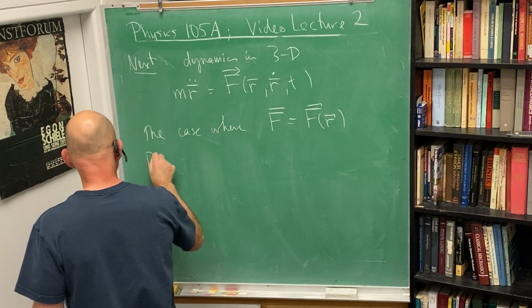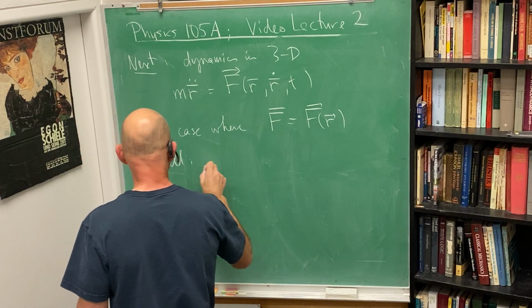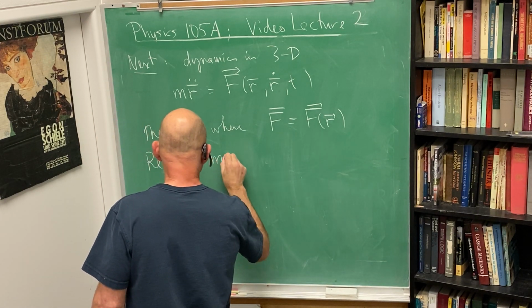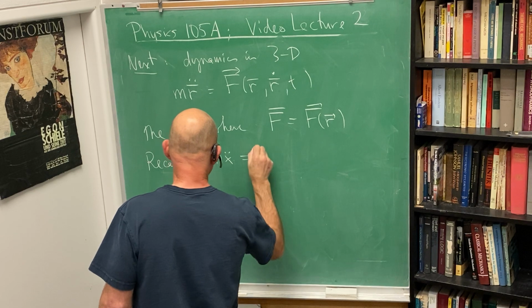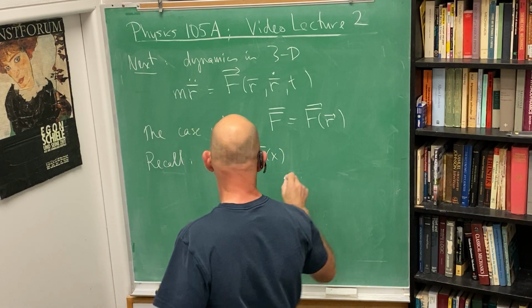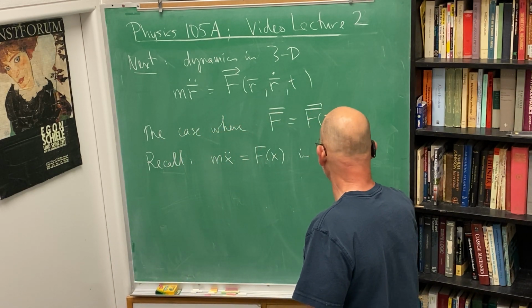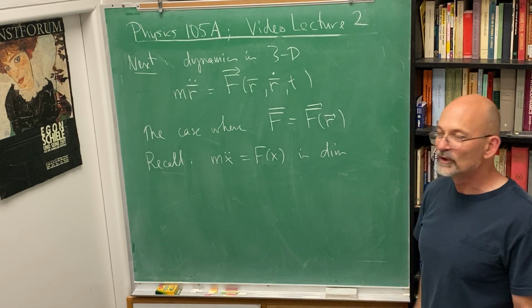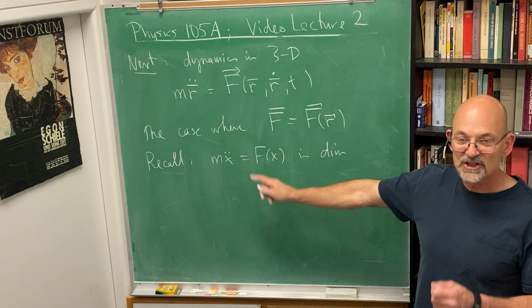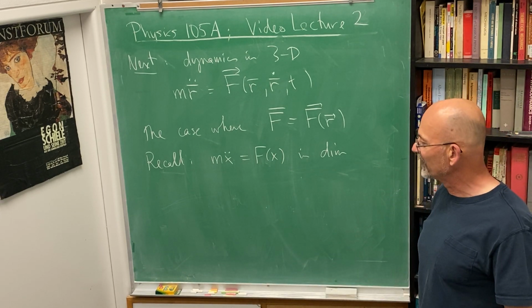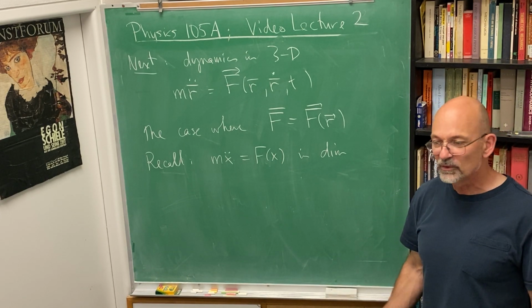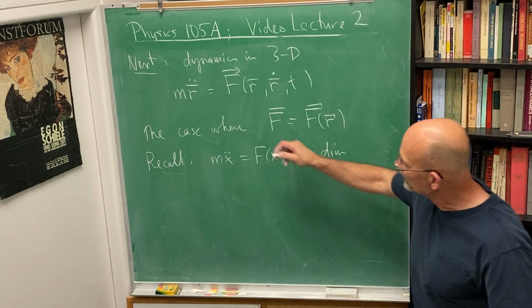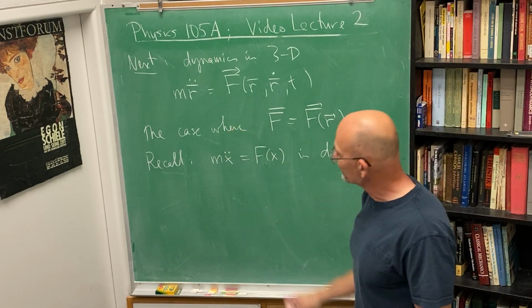Well, recall m x second derivative equals F of x in 1 dimension. What did that give us? That gave us the possibility of introducing the potential energy and immediately having conservation of energy, which was really just the first integral of a 2nd order differential equation.